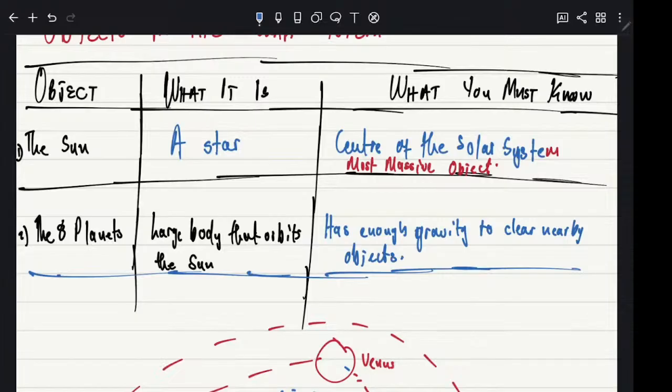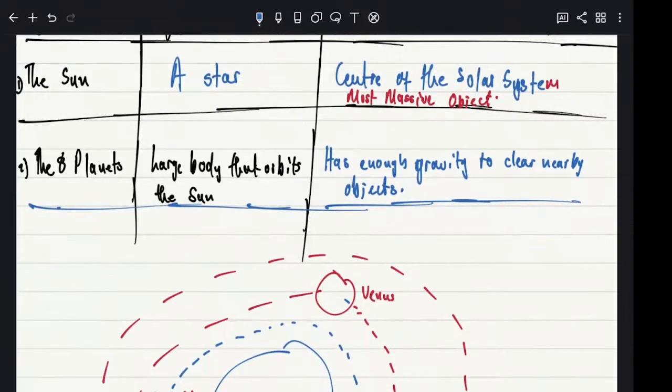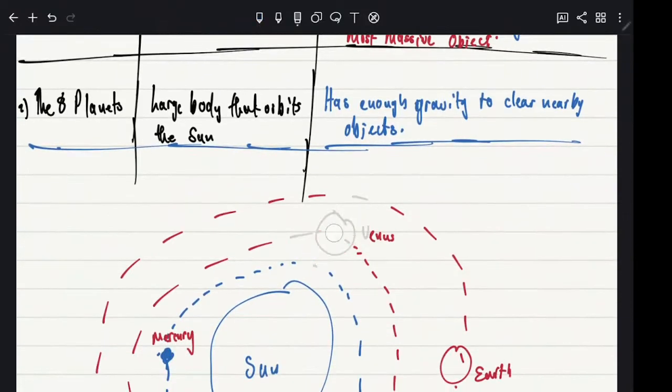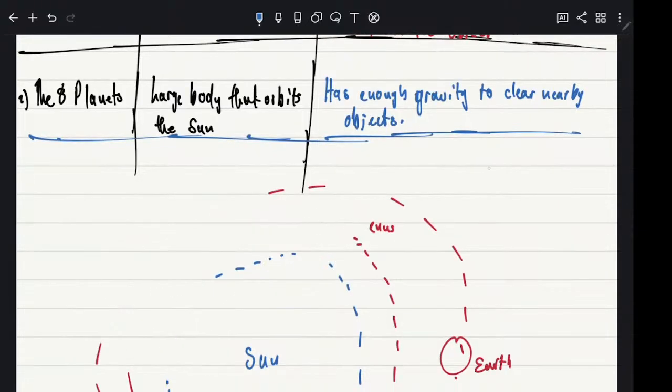Do you understand? Hello? If you have gravity, it means you pull something to yourself. So if there is a nearby object that is moving around planet Earth, it is going to fall on the Earth. Do you hear me? Because the gravity of the Earth, here's the Earth, it pulls something. Airplanes, they fly above planet Earth like this.